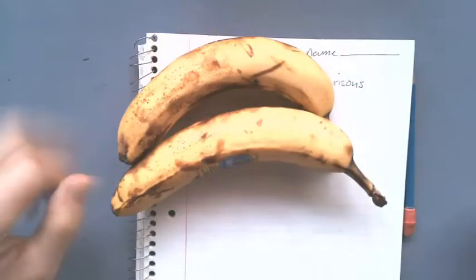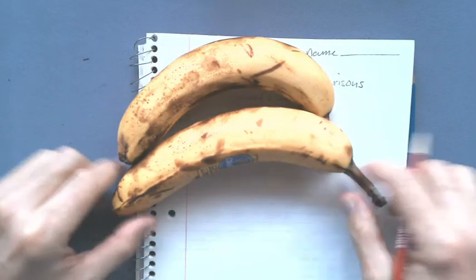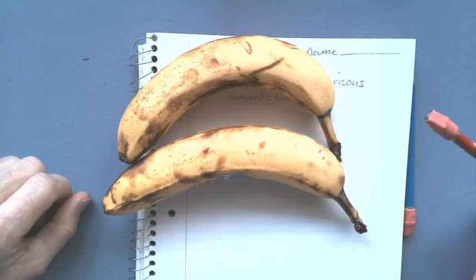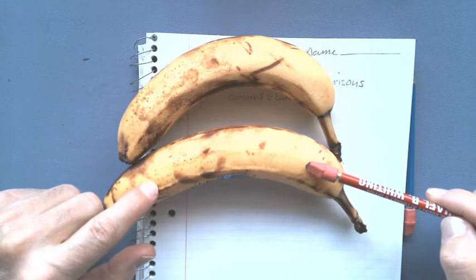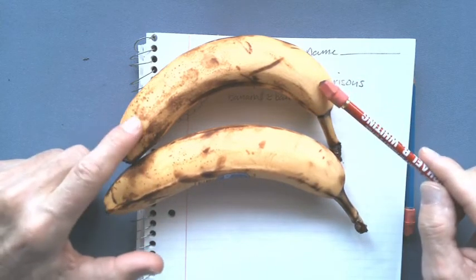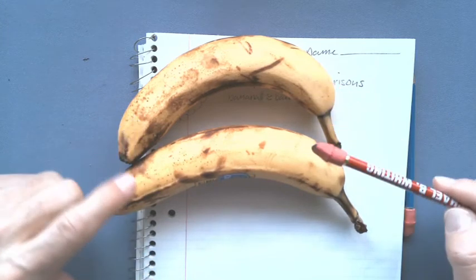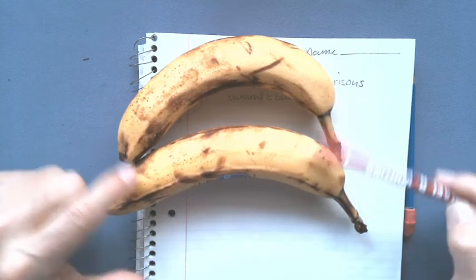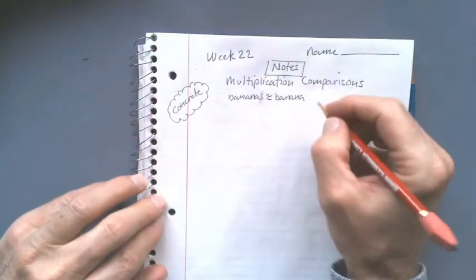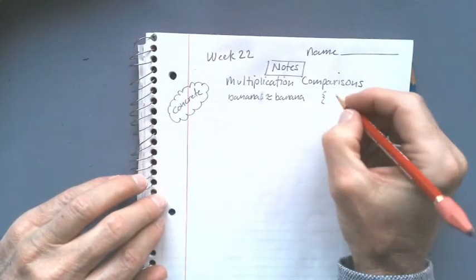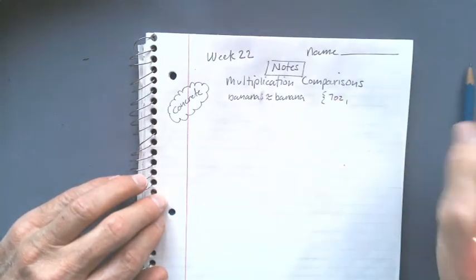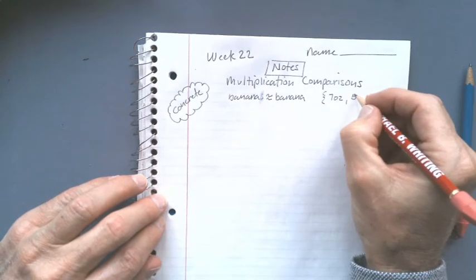Okay, not a lot going on there. But if you noticed, there's something different about these bananas. This banana is larger, so it probably weighs more than this banana. So mathematically, we can compare these two identical bananas and say, well, one banana is 7 ounces, and the other banana is 5 ounces.